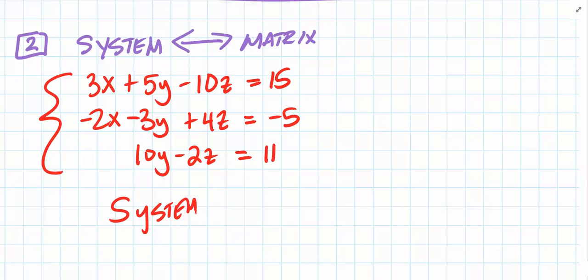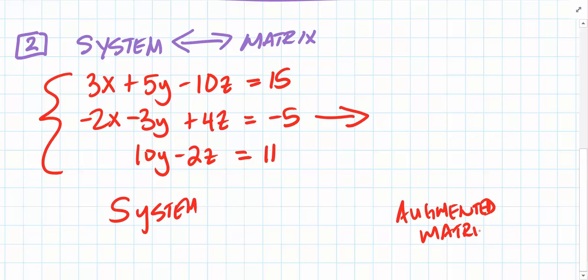Okay, I want to take this system and I want to turn it into a matrix. But not just any matrix, it's what's known as an augmented matrix, A-U-G-M-E-N-T-E-D. Okay, so how do we accomplish this? The first thing we do is we draw big brackets to enclose the entire matrix.